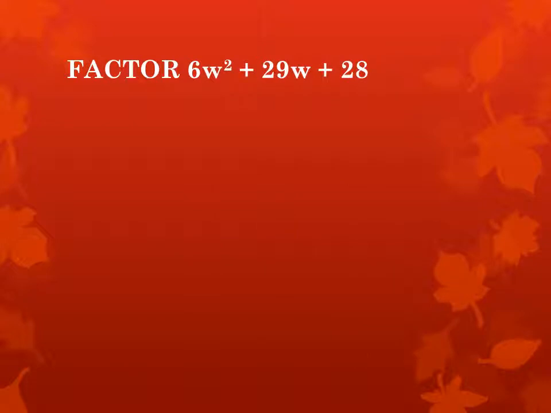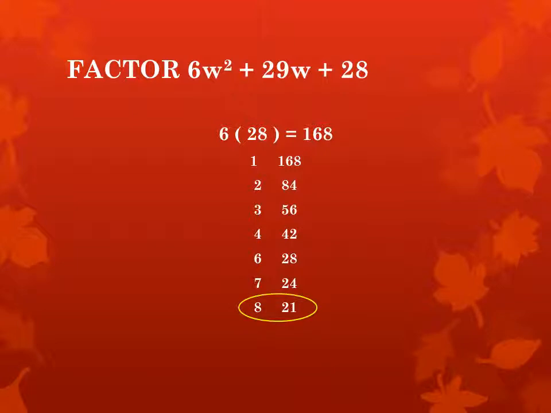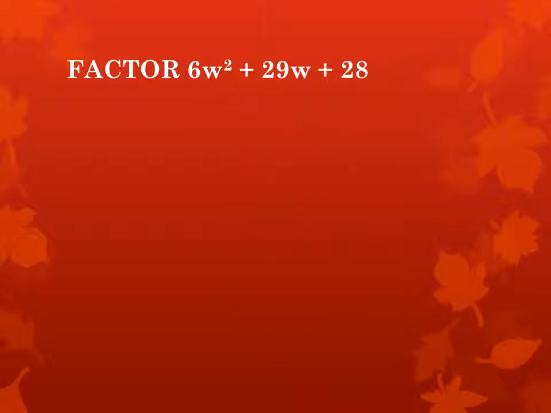Example number 2. Factor 6w squared plus 29w plus 28. Multiply the coefficients a and c, or 6 and 28, which equals 168. Next, list the factors of 168 and find the pair that add up to be 29. In this case, it is 8 and 21. Rewrite the equation using the two factors 8w and 21w.